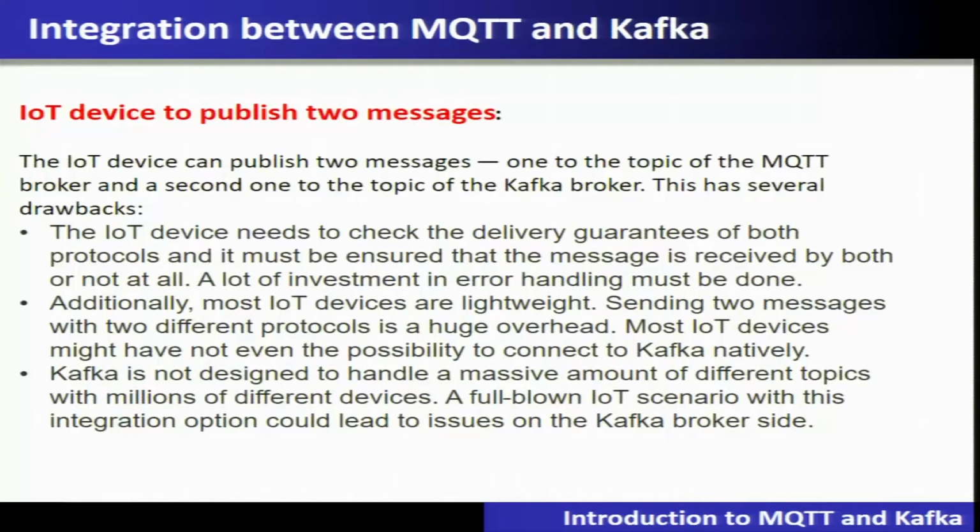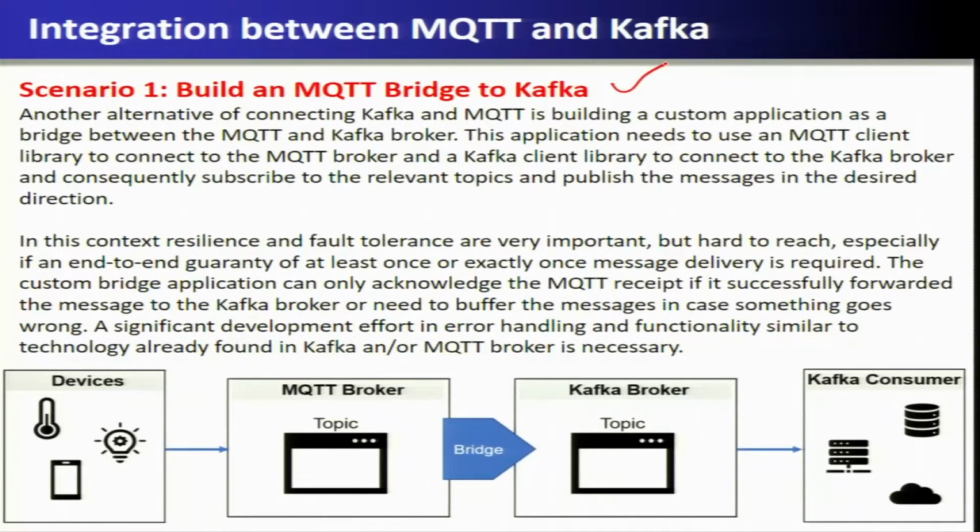So the IoT device has to push two messages, as shown: one to the topic of the MQTT broker and a second to the topic of the Kafka broker. This has several drawbacks. Why? Because these IoT devices need to check the delivery guarantees. So there is no integration between MQTT and Kafka. Now let us see how to build an MQTT bridge to Kafka for an end to end IoT application.